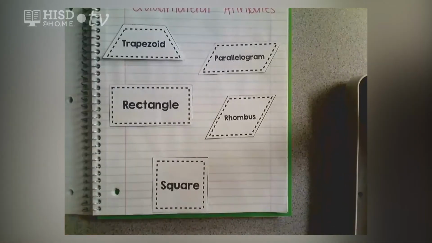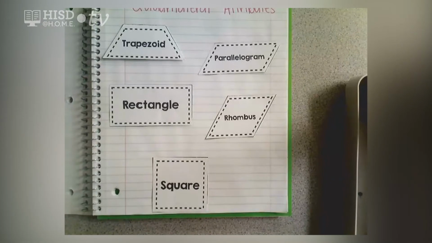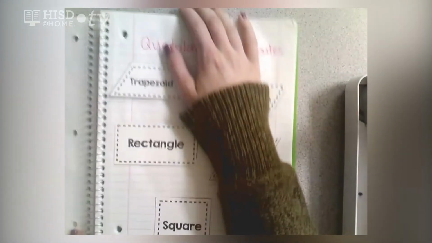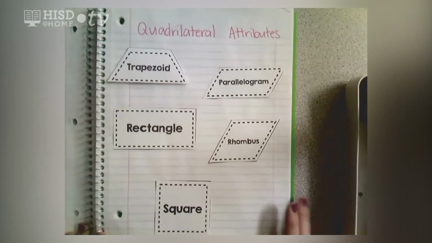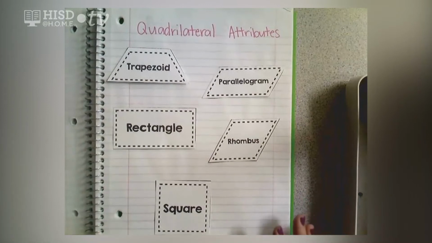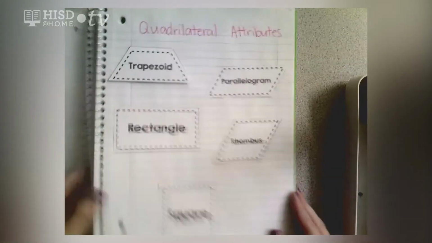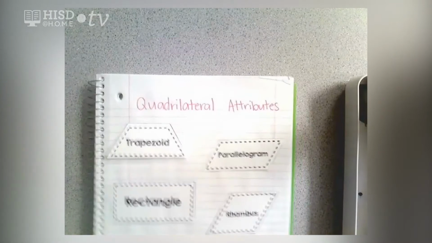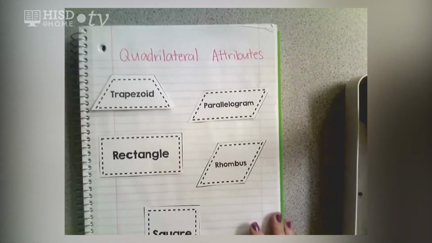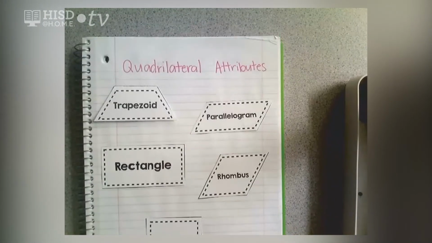Now we're going to continue our quadrilaterals and talk about their defining characteristics. We talked about what they can be called, but we didn't really write down what they each are and what makes them a little different from each other. So first we're going to start with trapezoid.